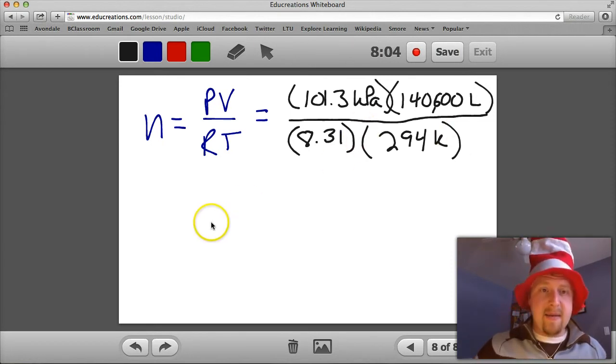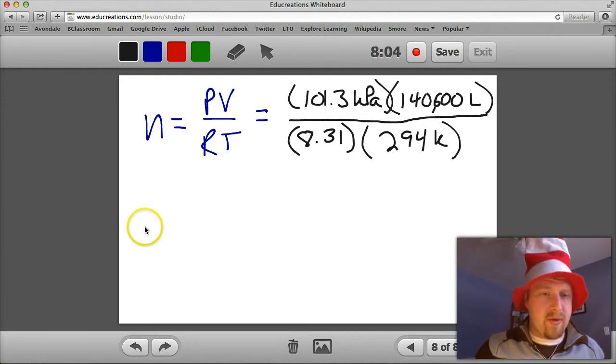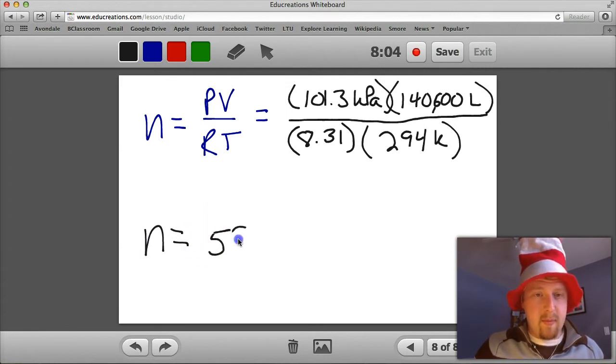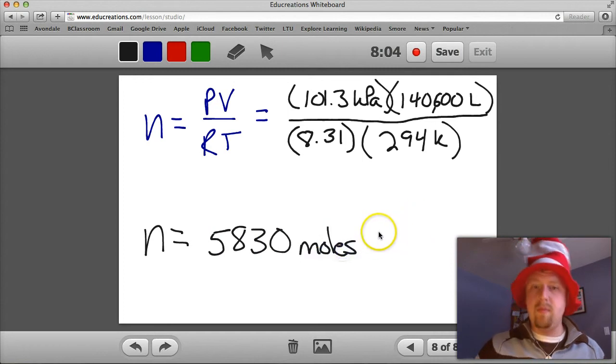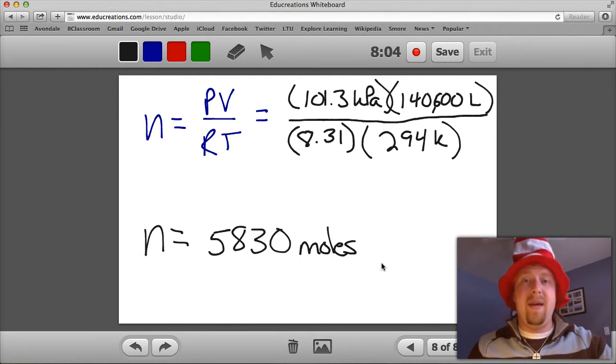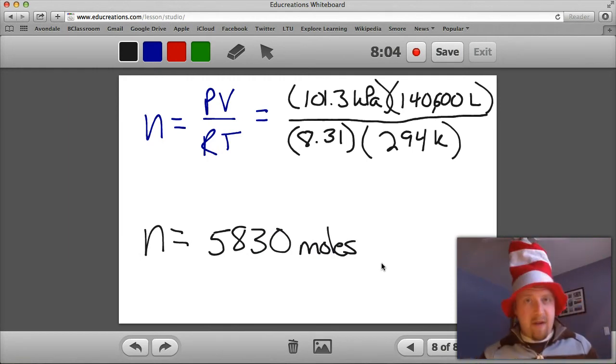And I get a rather large number of moles. Okay, n equals 5,800 and roughly 30. Okay, that is a lot of gas. Okay, that is a lot of particles.